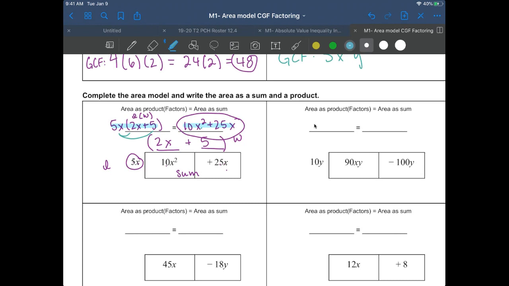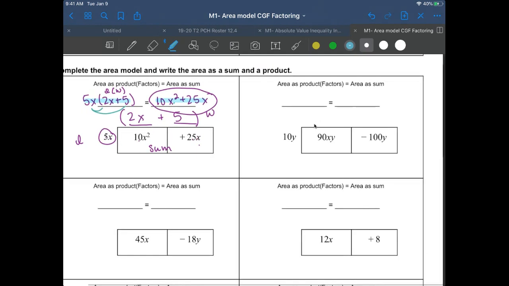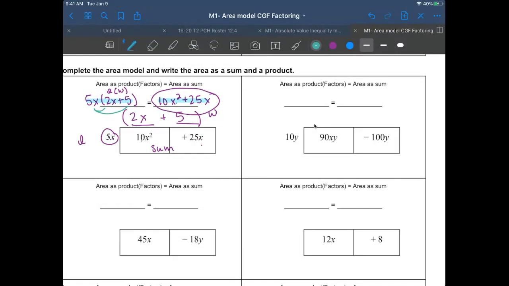Okay. All right, next one with less circles this time. All right, so I think as my sum, I have 90xy minus 100y. This is the sum, okay? And our length times width. So our length is going to be 10y times what is going to give me 90xy minus 100y.